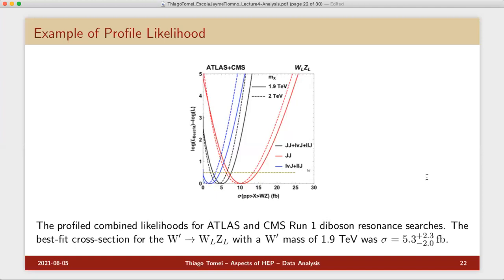So what I do is that I profile my likelihood such that it becomes n-dimensional, where n is just what I want. Here I care only about the true cross-section.